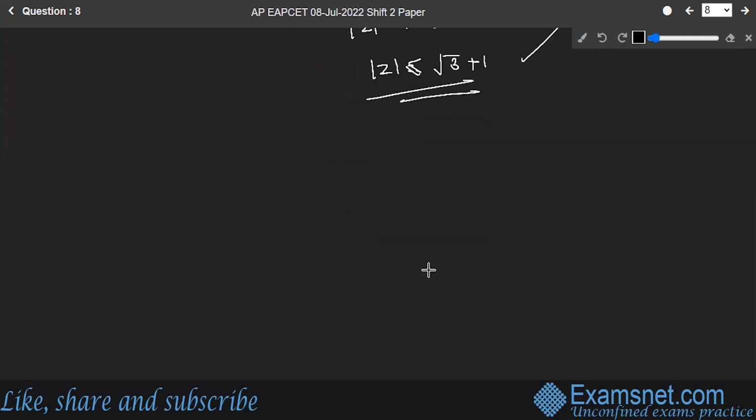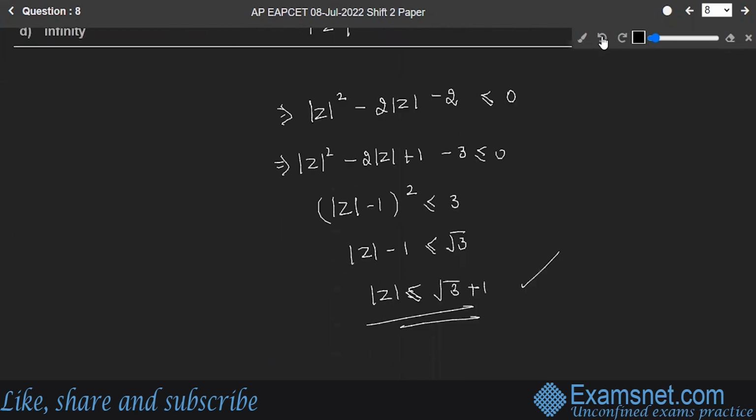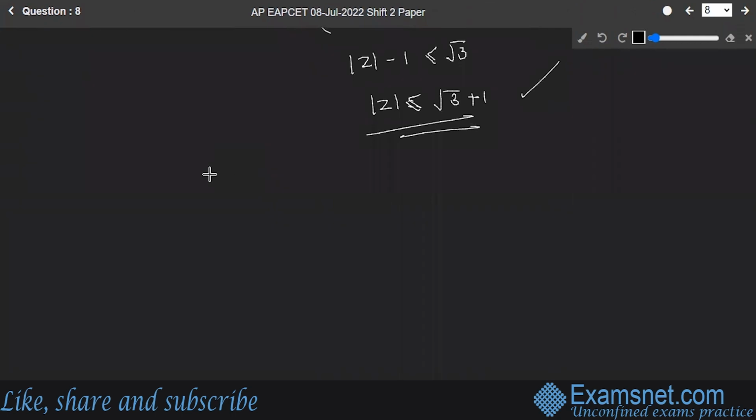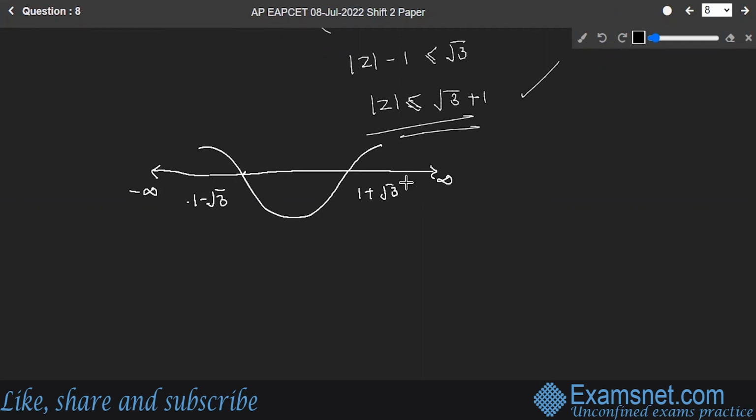If I see it on the graph, this can be shown as here you can say minus infinity, and this will represent minus infinity. So this point is over here, not the point over here. This is 1 minus root 3, and this one is 1 plus root 3. I'm having the plus over here, and the minus over here.